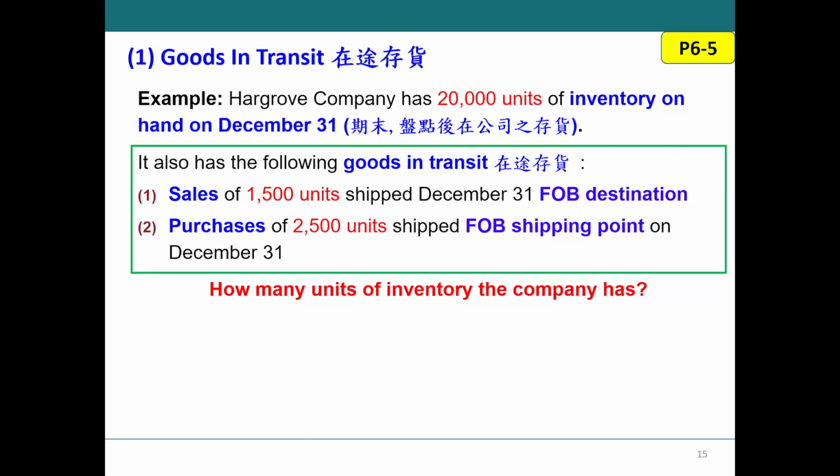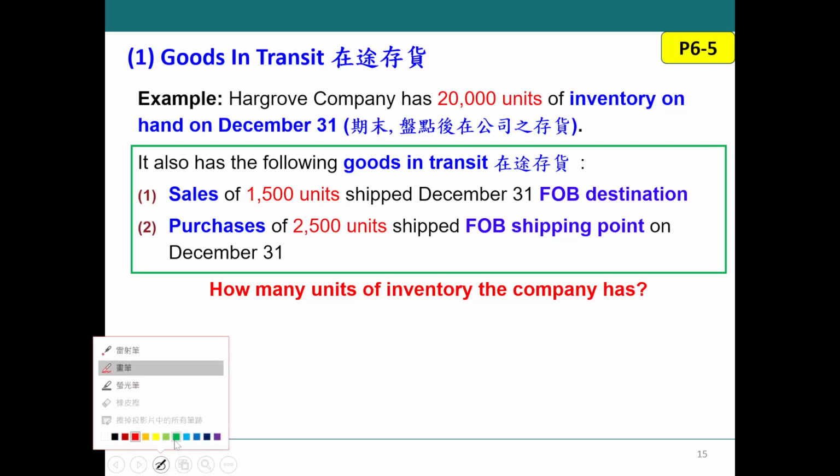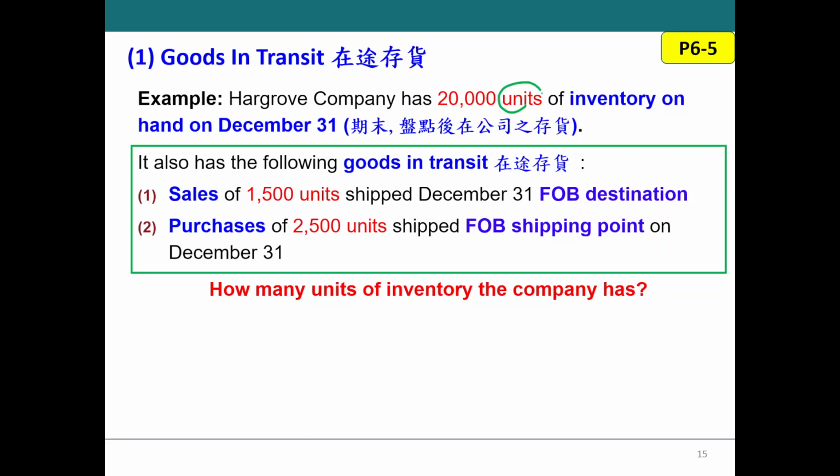Here, assume your company right now, you take a physical count, you find out 20,000 units. Why do we talk about units? Because right now we focus on quantities, right? We find out inventory 20,000 units, but we still have to consider some inventory not in your company, right?